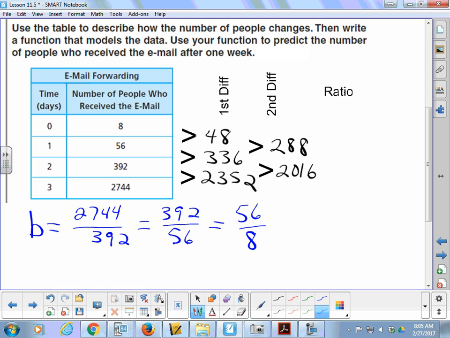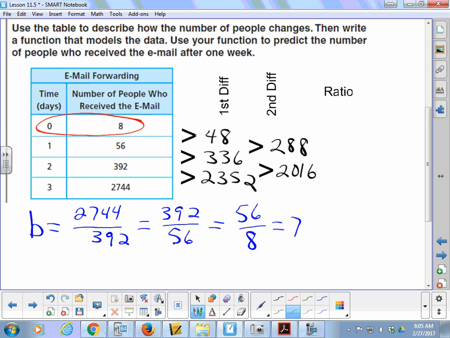Since we know the first differences and second differences aren't the same, then the ratios are probably going to be the same, right? 56 divided by 8 is 7. So the common ratio tells me the value of B for the exponential function. The value of A is when x is 0, what's the y value?